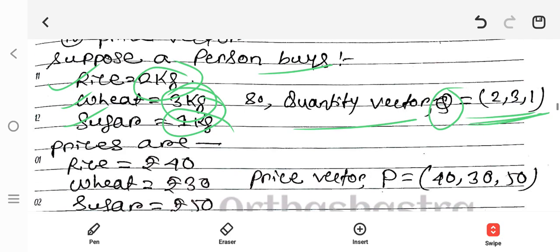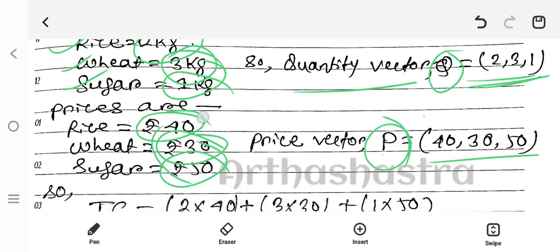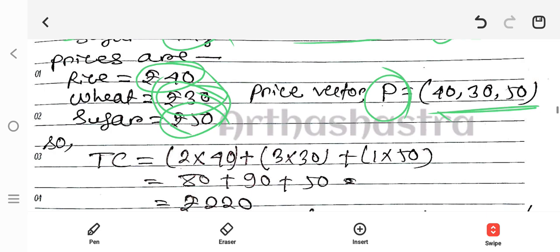And the prices are: for rice the price is rupees 40, for wheat the price is rupees 30, and for sugar the price is rupees 50. So we can represent the price vector by p equals 40, 30, 50.